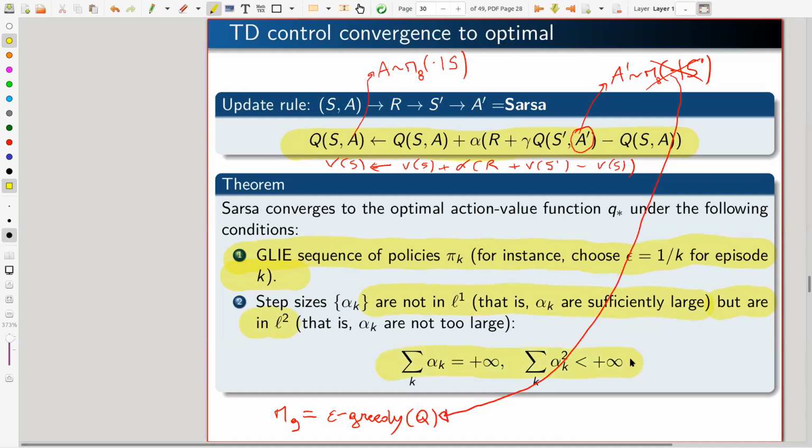And this is the condition. Spoiler, 1 over k satisfies this condition. Okay, so you see we have two different hyperparameters, the exploration rate and the learning rate. If we want to converge to the optimal action value function, which is not always the case, then we need a schedule for both the exploration rate and the learning rate.